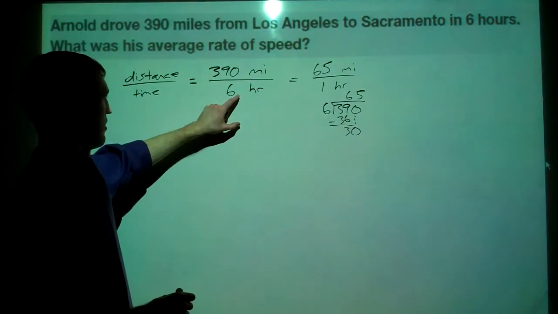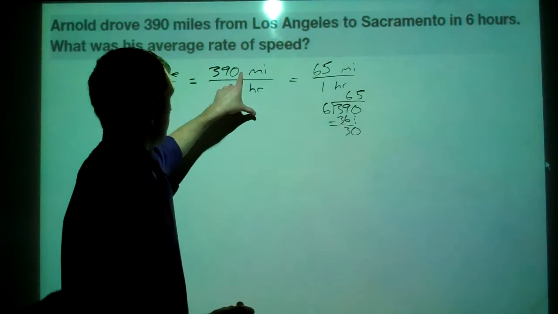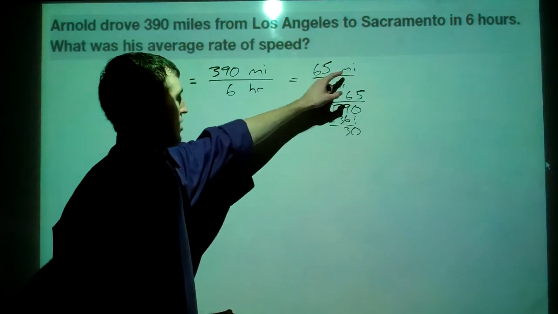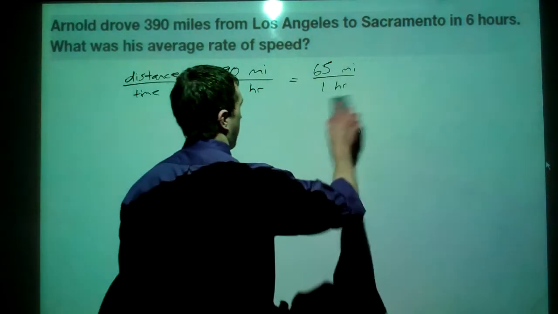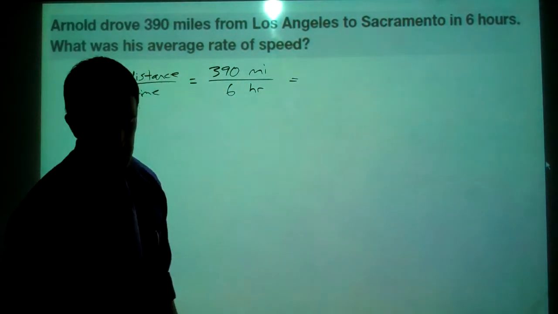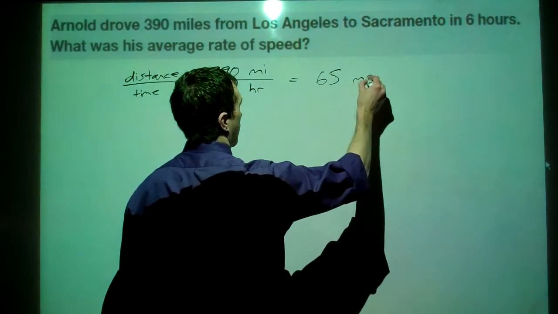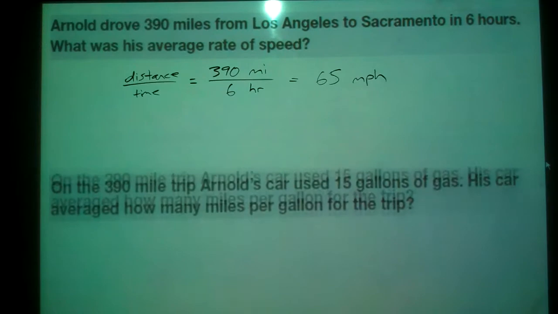When we divided this by 6, we got 1, and when we divided this by 6, we got 65 miles. Alright, so 65 miles per hour, or you could have just done, after we divided, 65 miles per hour, mph. That'd be okay too.